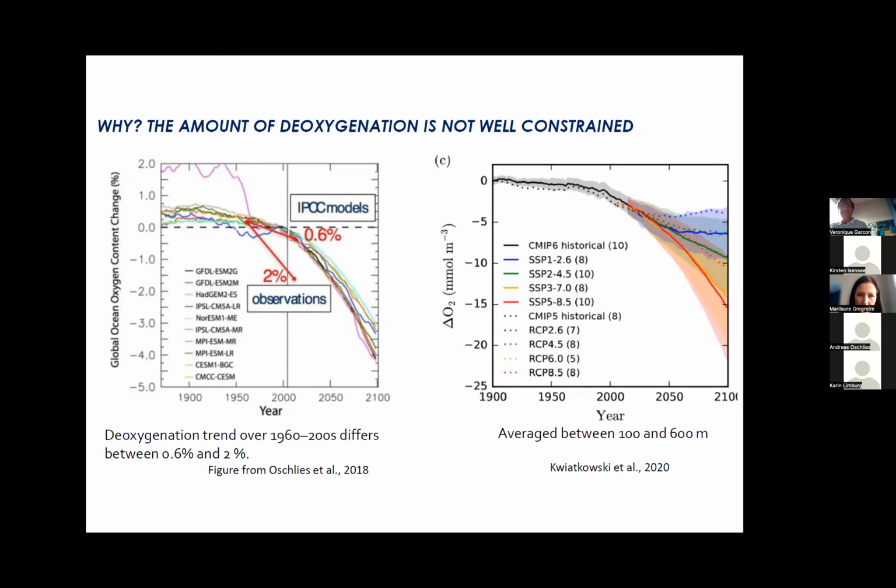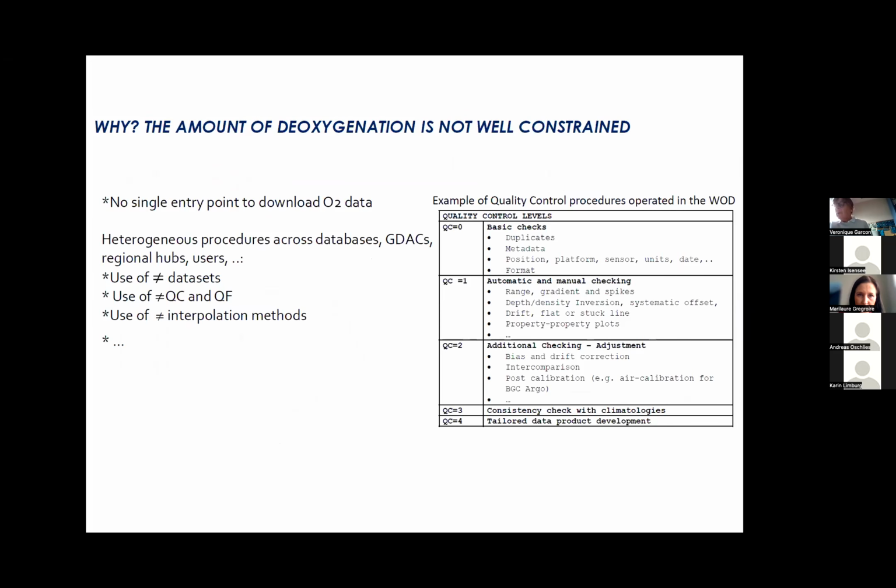So to improve our constraint on the deoxygenation rate, we need to build a unified database. Right now, there is no single entry point to download oxygen data. There are heterogeneous procedures across many databases, GDAC, regional hubs. And the user community is dealing with different datasets, different quality control, and different quality flagging procedures.